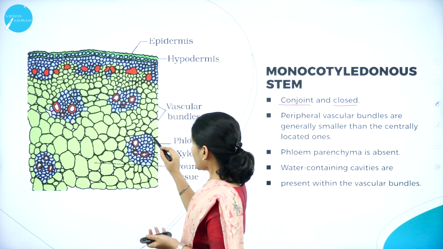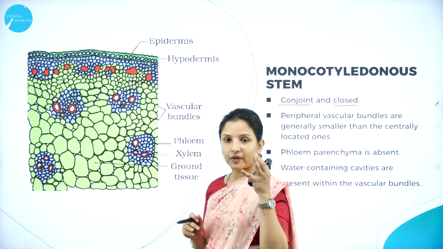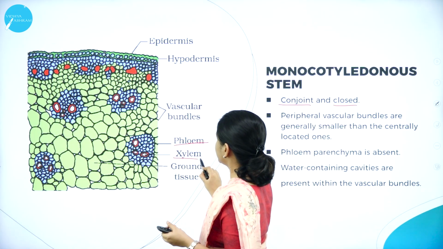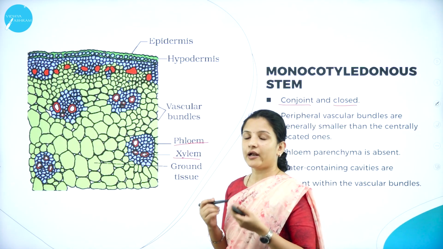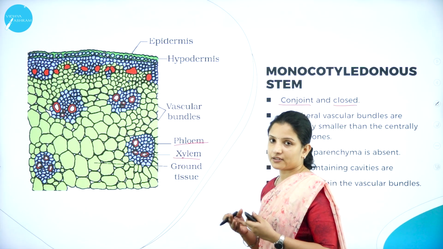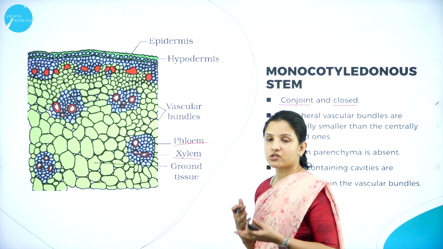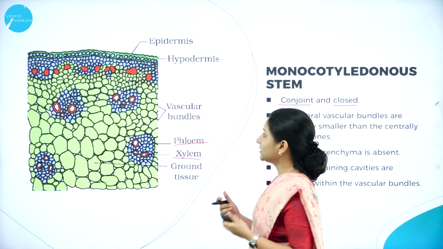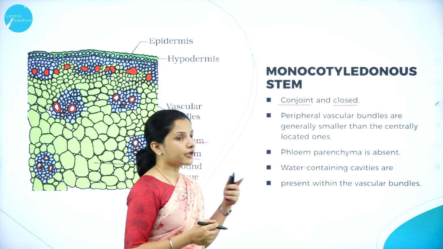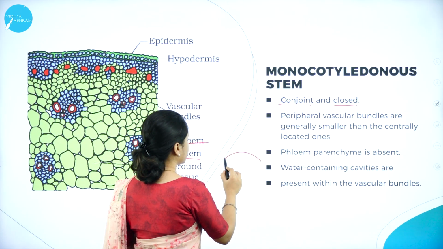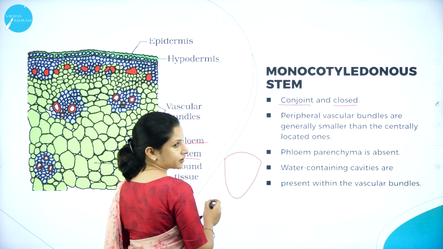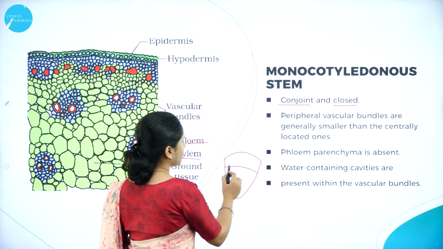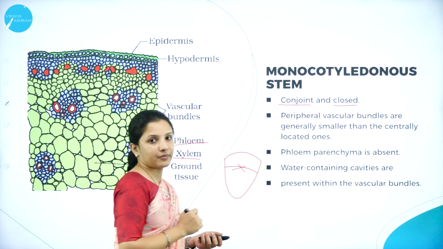We have the phloem which occupies a major position, and in between the phloem, cells of xylem are present, and the phloem and the xylem are not properly arranged like how it was arranged in the dicotyledonous stems. Here it is conjoined and closed because, say for example, if I have a vascular bundle in this case, in between the xylem and the phloem there is no cambial ring being present.